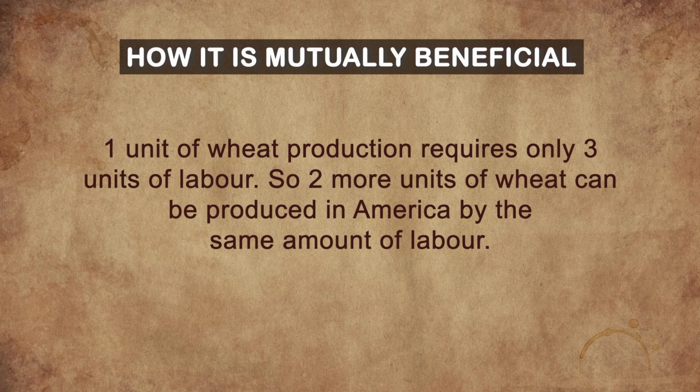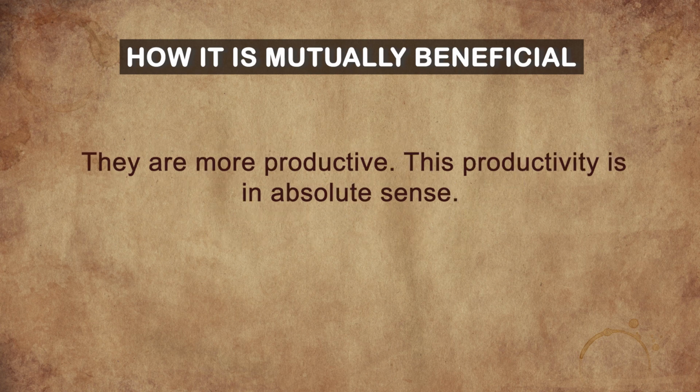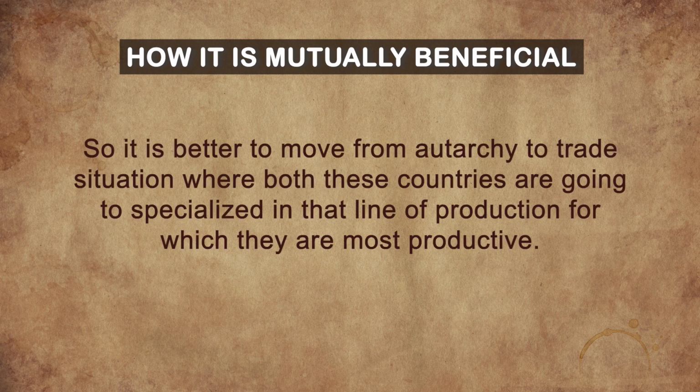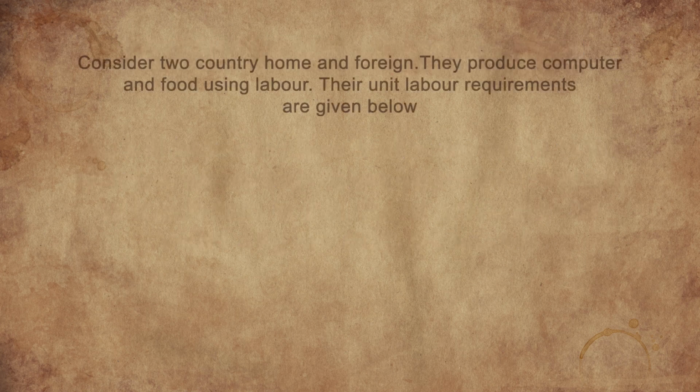So 2 more units of wheat can be produced in America by the saved amount of labor. They are more productive. Yes, of course, this productivity is in absolute sense. So it is better to move from autarky to a trade situation where both these countries are going to specialize in that line of production for which they are most productive.